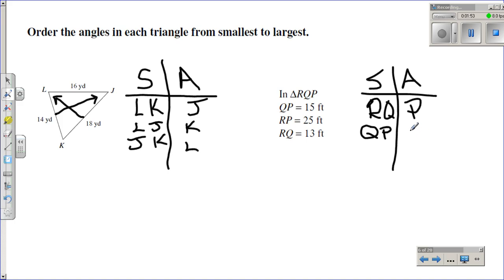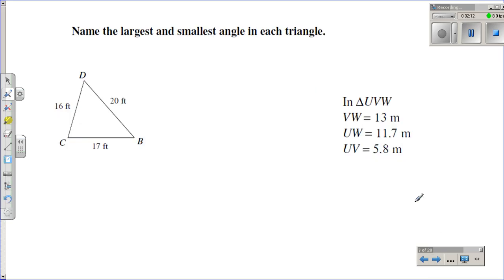What letter's missing? R. Largest side, RP. What letter's missing? Q. Now our angles are right here. Angle P is smallest, followed by R and Q. It's as simple as setting up these charts.